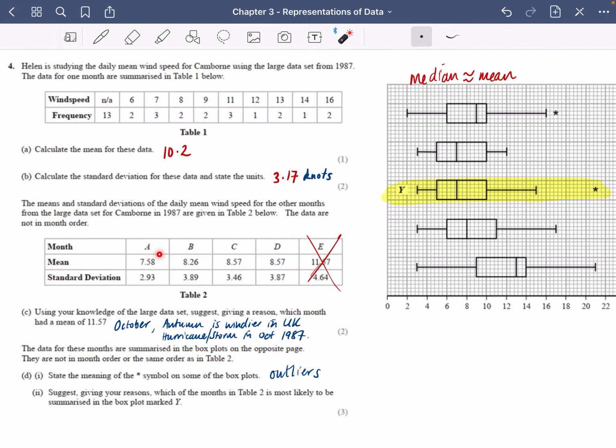Let's say I would suggest for part D(ii), box plot Y is likely to be month B. It has a low median, suggesting a low mean, and B has a low mean.